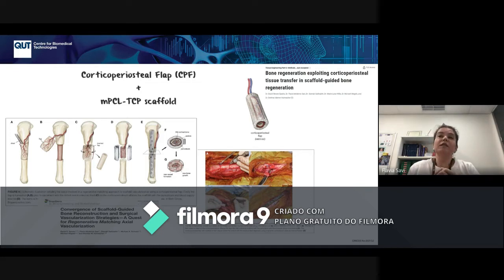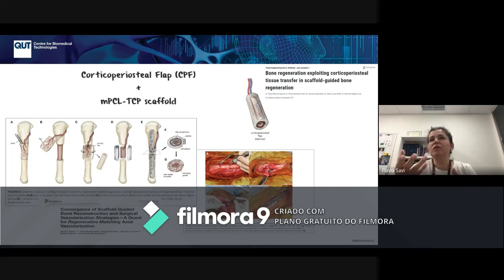When you have a defect, like when you break your leg or you have a bone resection because of a tumor, first they put a spacer and then they put a membrane around it to avoid soft tissue formation inside of the defect.